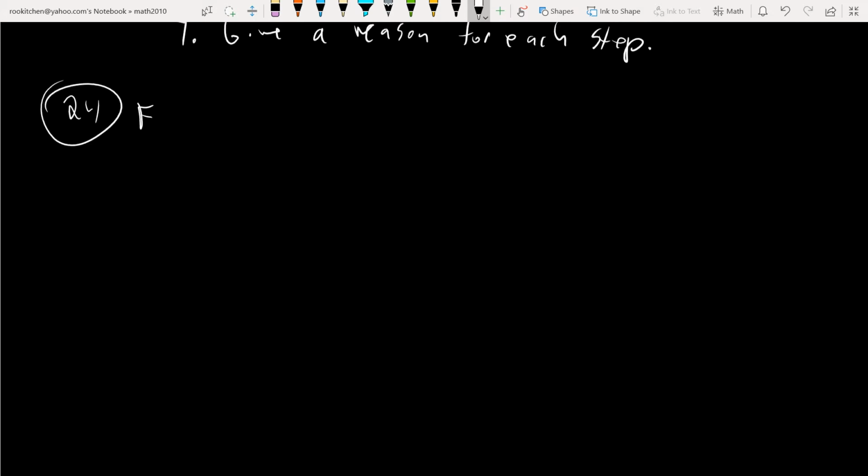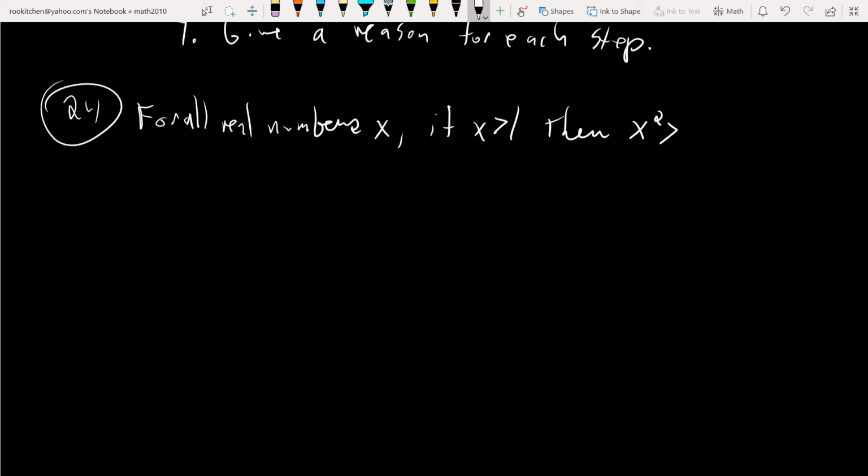It says, for all real numbers x, if x is greater than 1, then x squared is greater than x. Okay, so part A, just try to rewrite it symbolically.